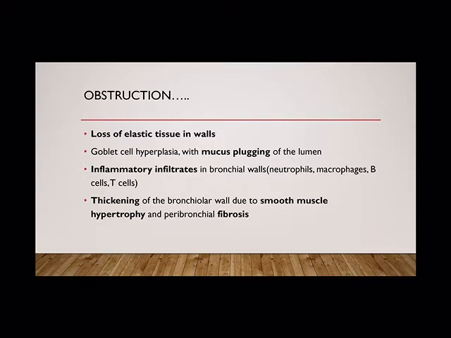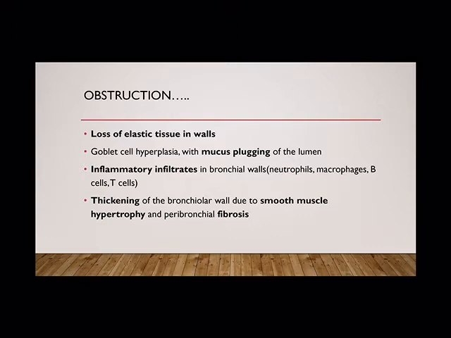Here, the inflammation caused by all your smoke and air pollutants will start triggering these goblet cells to produce more mucus. So there will be goblet cell hyperplasia. It's actually an exaggeration of your normal phenomenon.